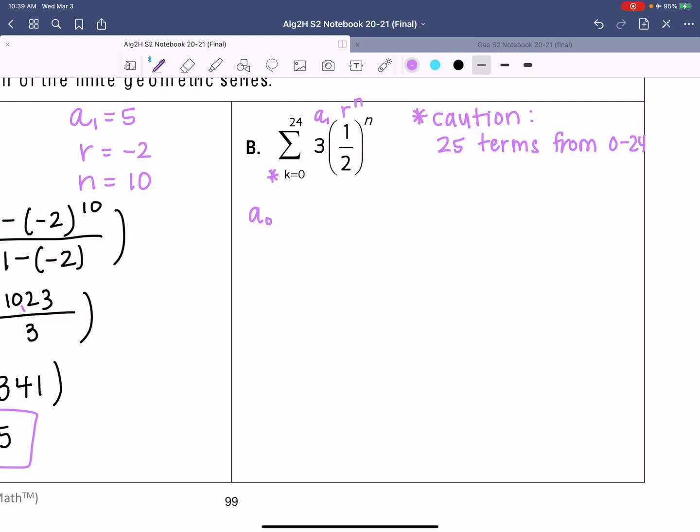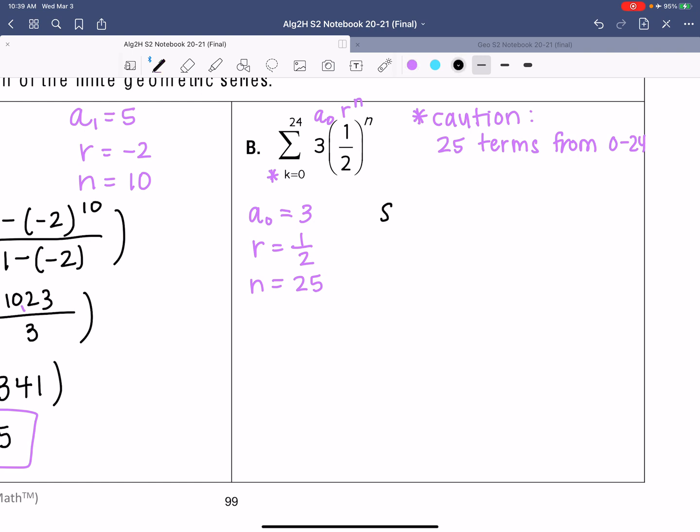So like still if I plug in 0 right here, 1/2 to the 0 power is 1, 3 times 1 is 3. So it's still going to be that first one in your sequence. So I guess we should call this A0. So A0 is equal to 3. My R's 1/2. And my N is, we're doing 25 terms, so 25.